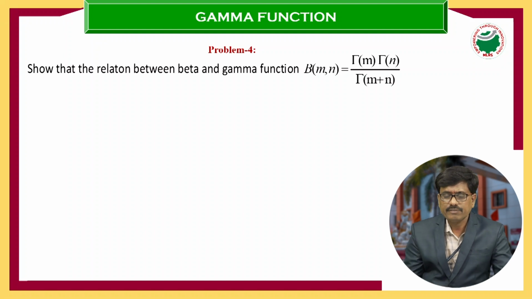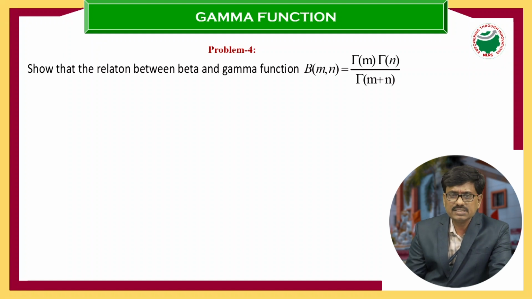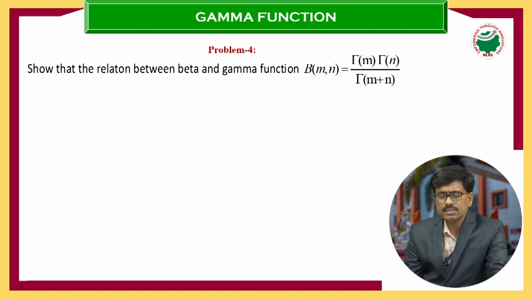Even when the function values are in the form of fractions, in such cases we convert beta values into gamma values, because gamma values we can calculate for all positive values and negative non-integer values except 0.